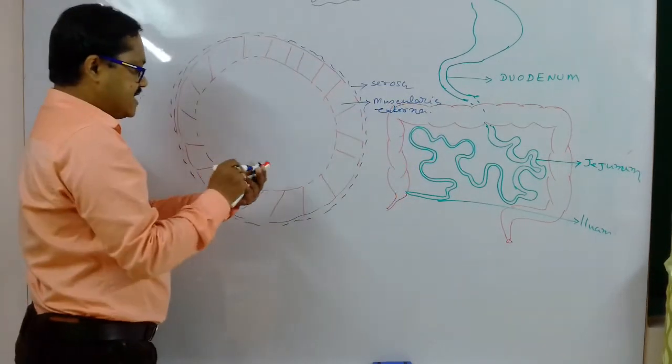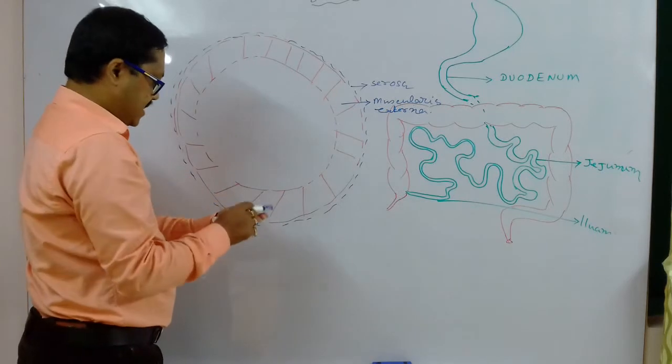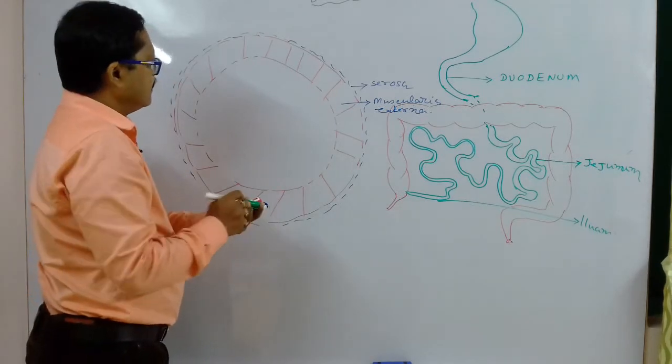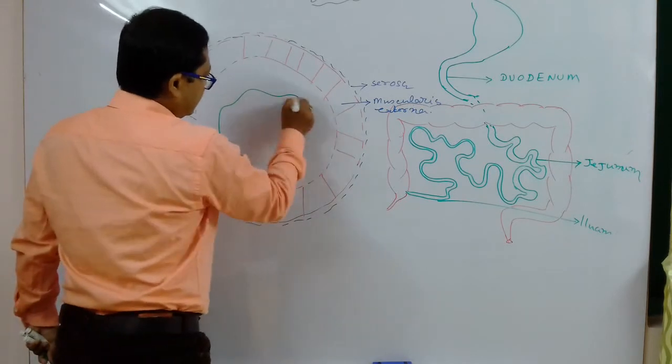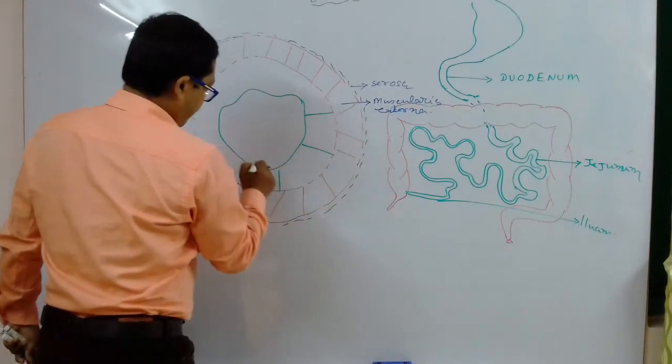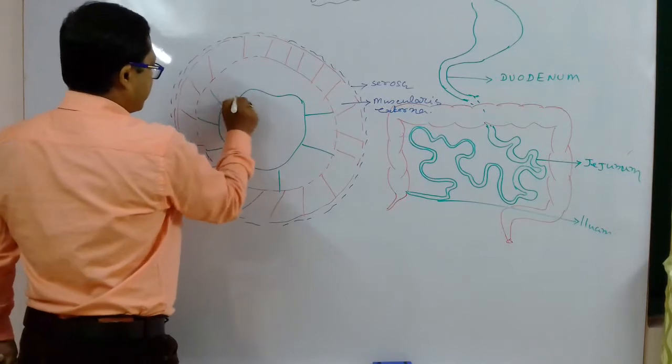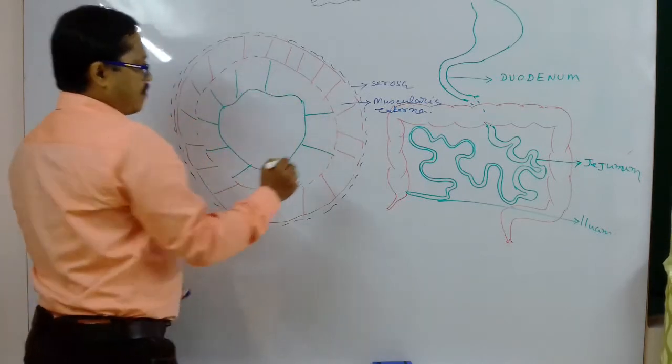Inside the muscularis is the submucosa. This is the submucosal zone.